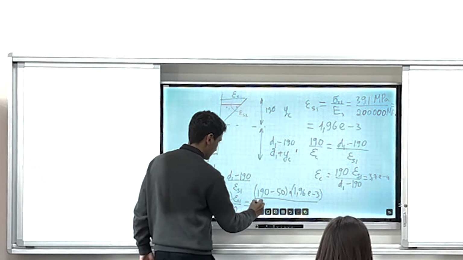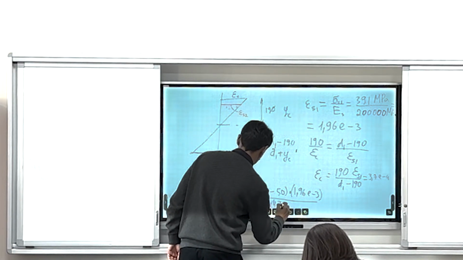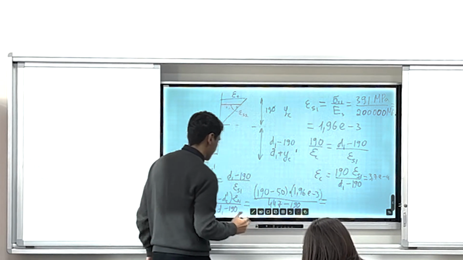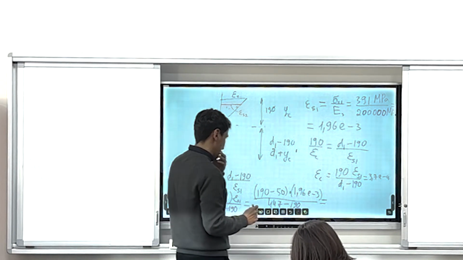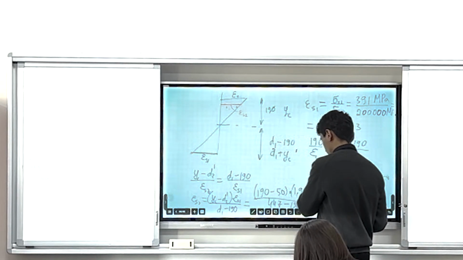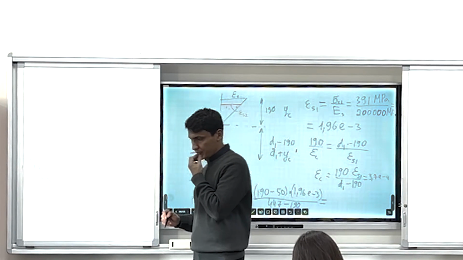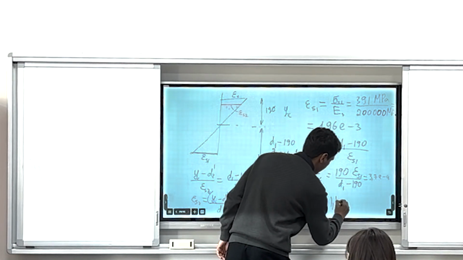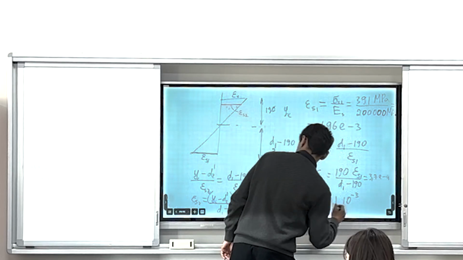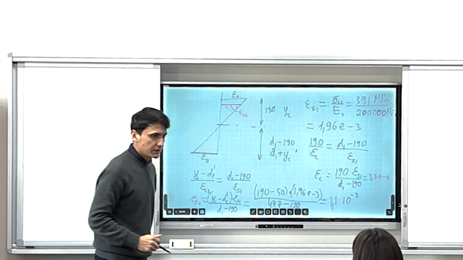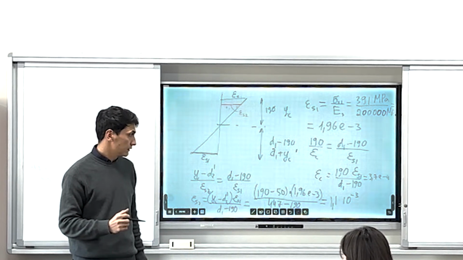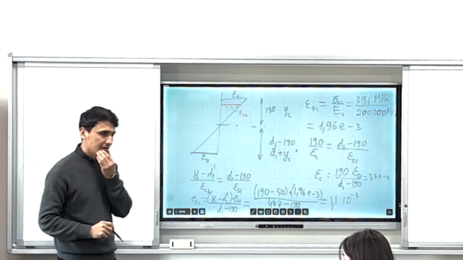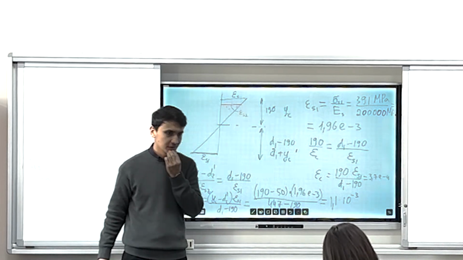Can you repeat? 470 minus 190. So the value is about 1.06 multiplied by 10 to the power minus 3. You have different? 1.065, which will be 1.06. Okay, it doesn't matter, we can take this one.